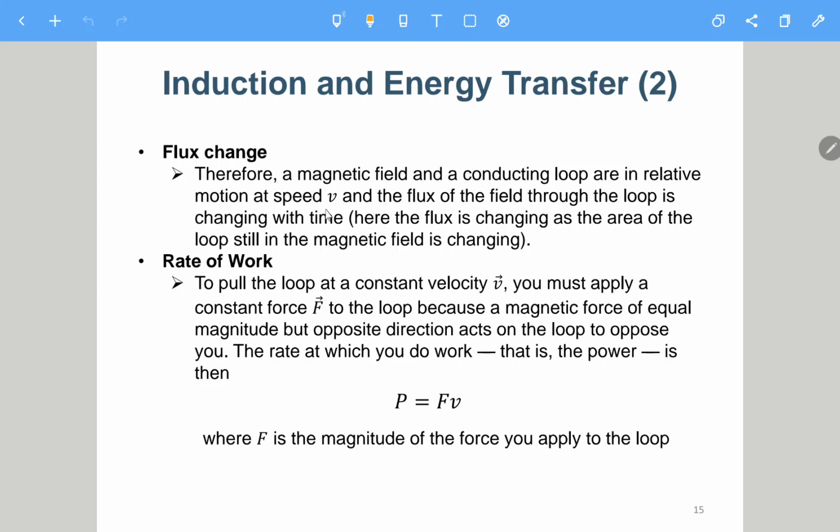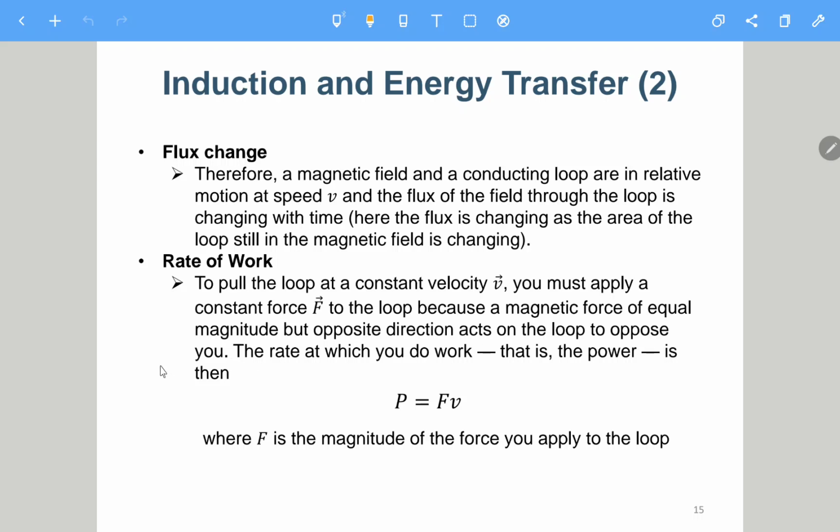So there will be work to do. Okay, so to pull the loop at a constant velocity v, you must apply a constant force to the loop, because a magnetic force of equal magnitude but opposite direction acts on the loop to oppose you.